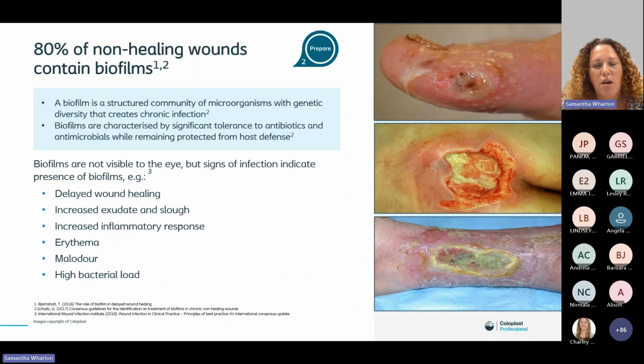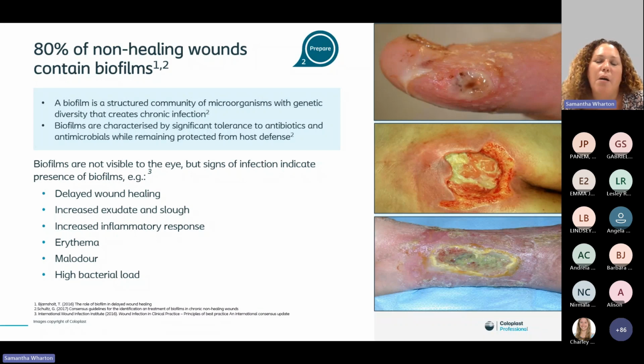They're not visible to the eye, but signs of infection indicate that they're present. So if you're getting that delayed wound healing, increased exudate and slough, because they keep the wound in that inflammatory stage. If there's that erythema, malodor, and high bacterial load, there will be a biofilm present within that wound bed.